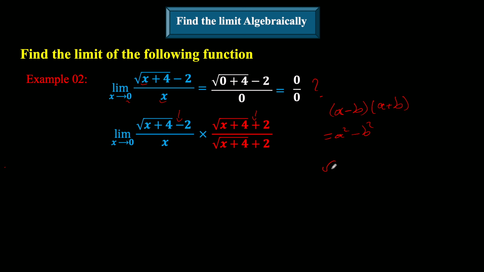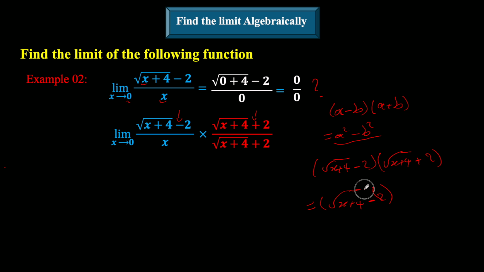Here you have the square root of x plus 4 minus 2 multiplied by the square root of x plus 4 plus 2. So we apply this formula here: the square root of x plus 4, squared, minus 2, squared.